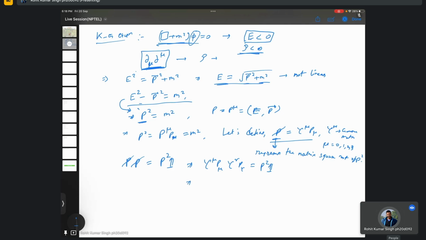One assumption is that this is independent of x and t. So it is independent of space-time, a constant in our Minkowski space-time. So you can take this together, you can move past the P mu, right?